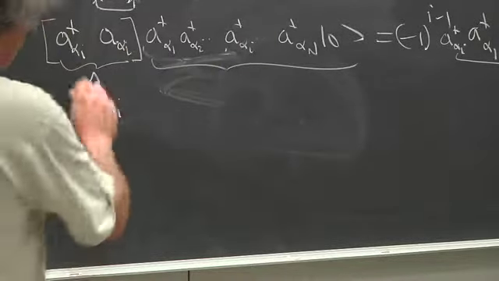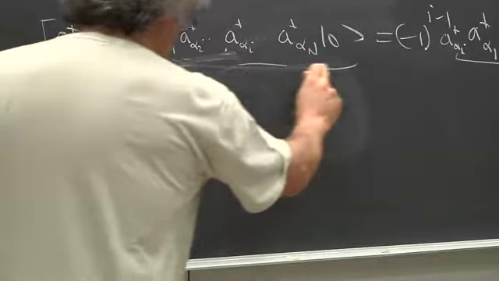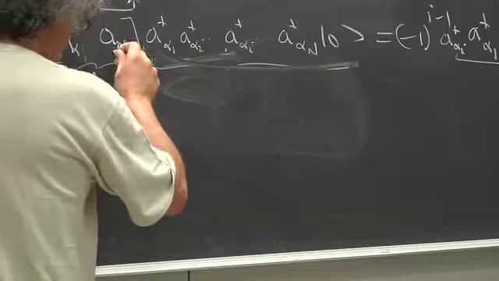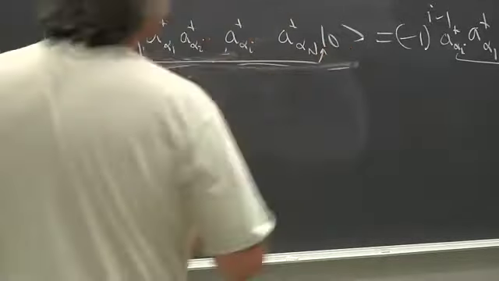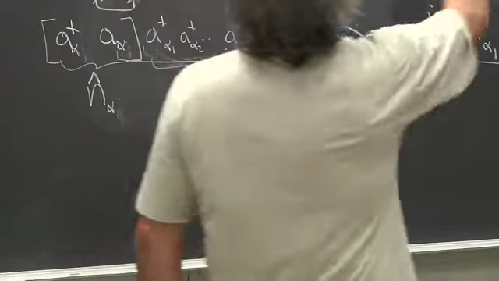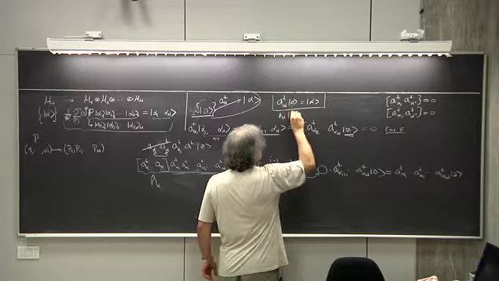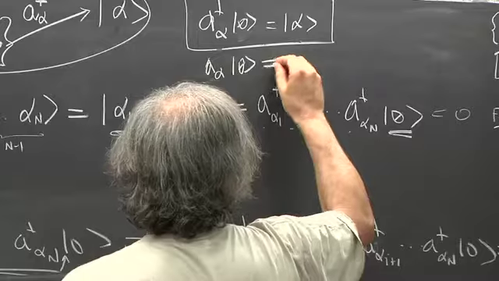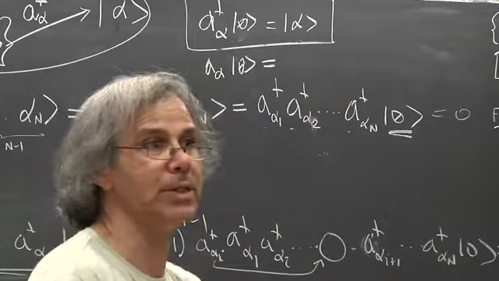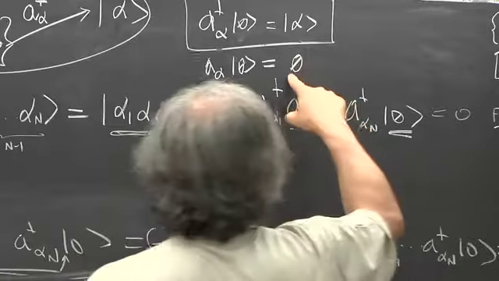If alpha is not there, so if this was some alpha not contained in this list, then you would bring the destruction operator all the way to the vacuum. And here comes the second property of the vacuum: if you try to destroy something on the vacuum, it's like trying to take off a brick when there is no brick, only the floor, then you get 0. Zero, not the vacuum.